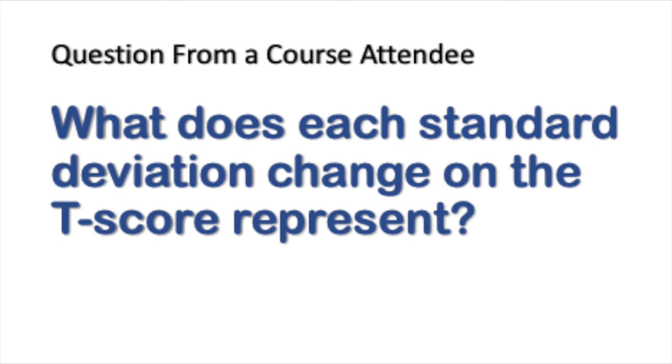Each standard deviation that we look at away from that 0, or any change in bone mineral density, each single standard deviation is equivalent to a value of 10 to 12%.